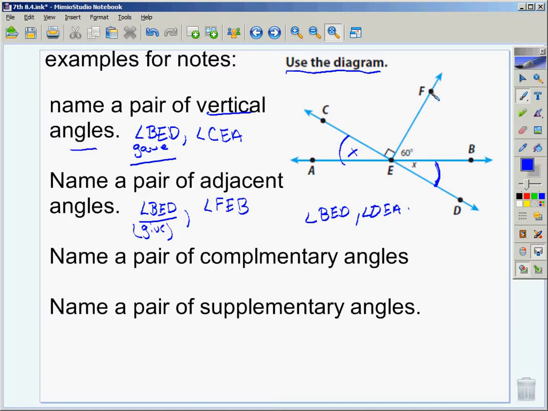CEF and FEB would not add up to 90 because CEF is what? 90. But over here is also what? No, if this one's 90 here, then over on this side is also what? 90. So which two angles are going to add up to 90 degrees? BED and FEB.